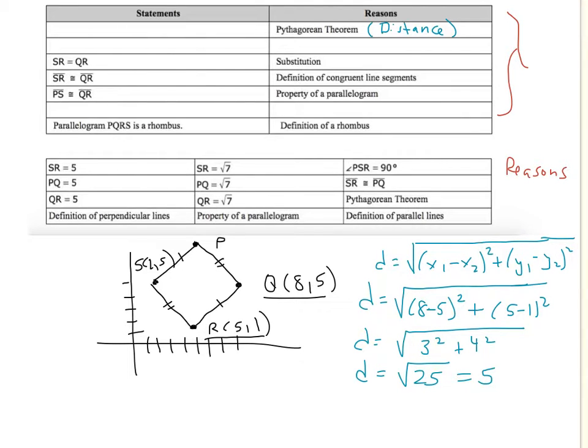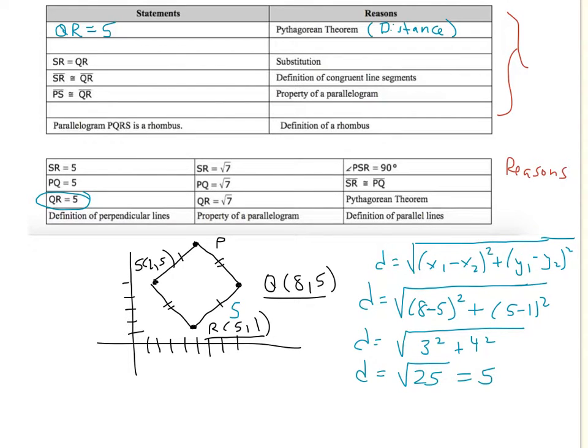So right away I know QR is 5. I know this side is 5. So I'm going to put that as my first reason. And again, you just have to recognize that when it says Pythagorean Theorem, that's really talking about distance, because the distance formula is an example of the Pythagorean Theorem.